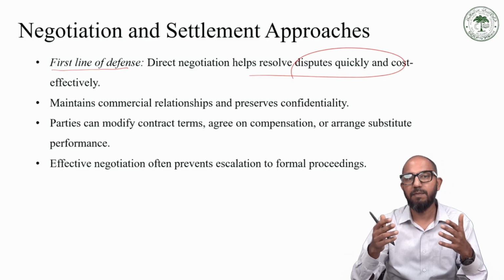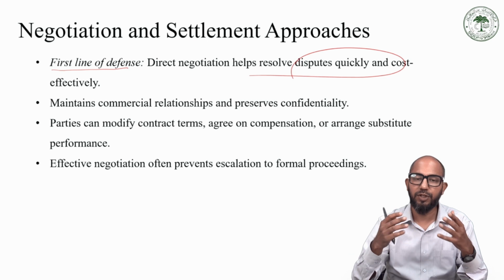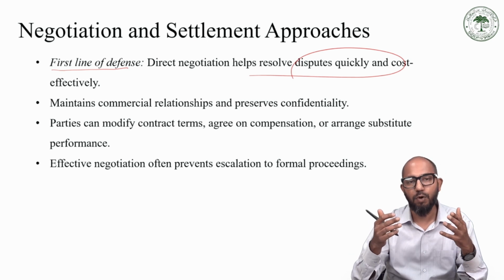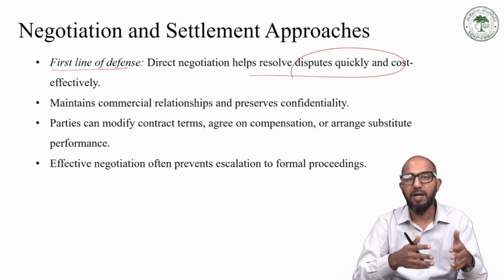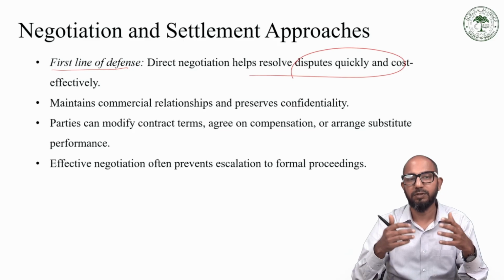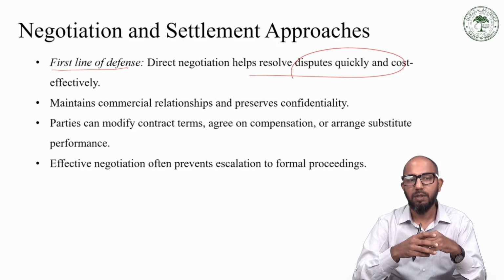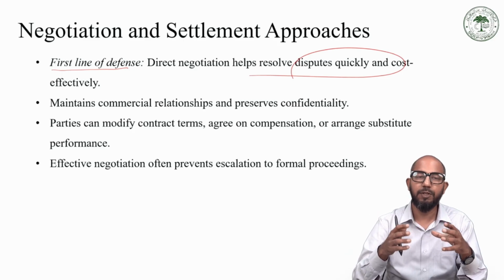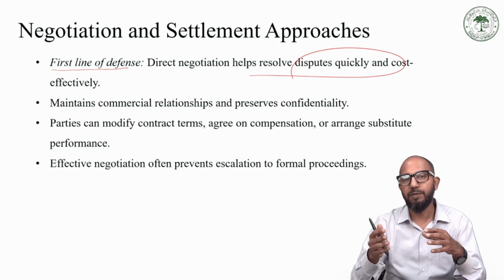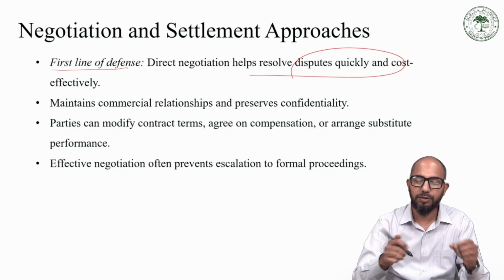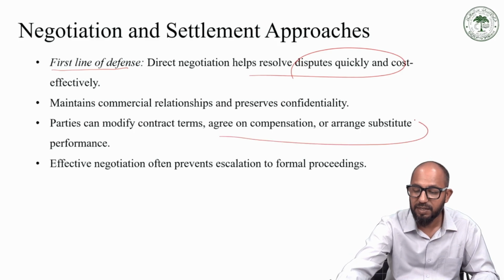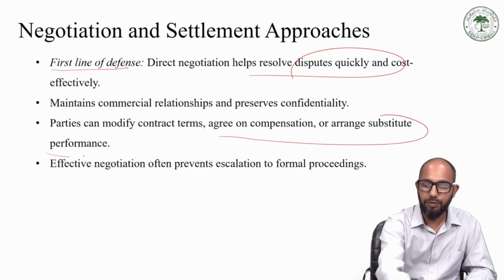Negotiation and settlement approaches maintain commercial relations and preserve confidentiality between buyers and sellers, that is, exporters and importers. It is only possible through negotiation that parties can modify contract terms, agree on compensation, or arrange substitute performance.